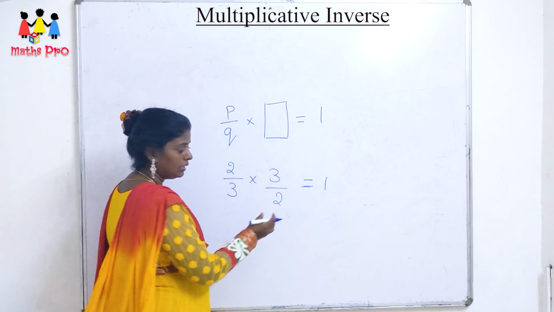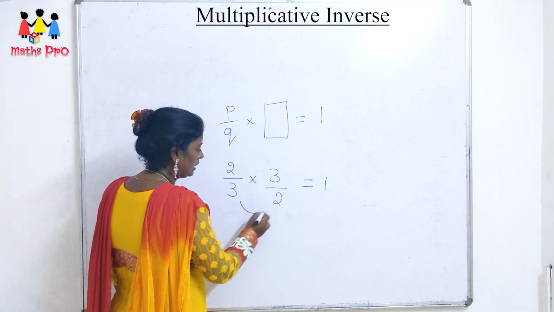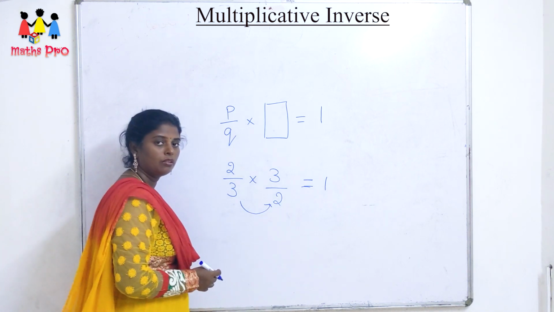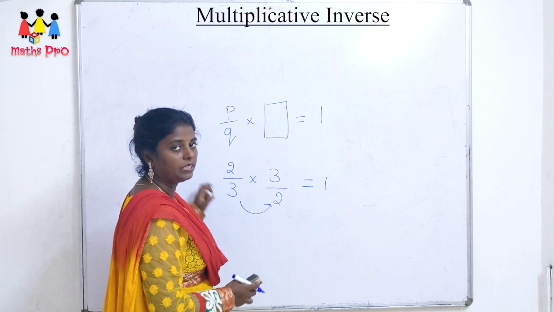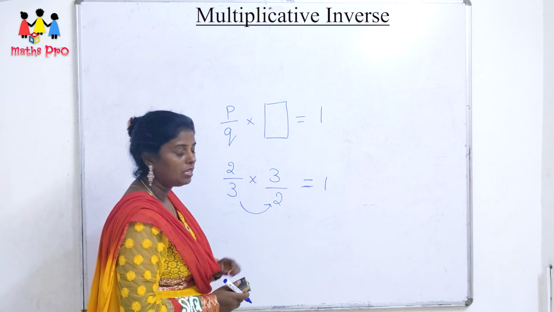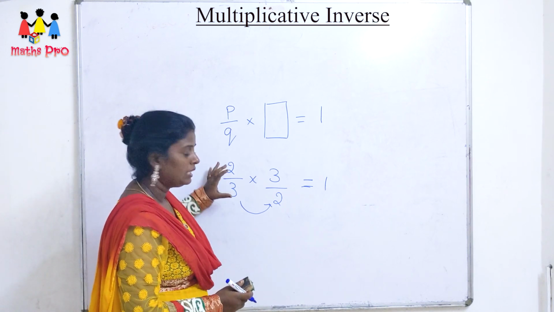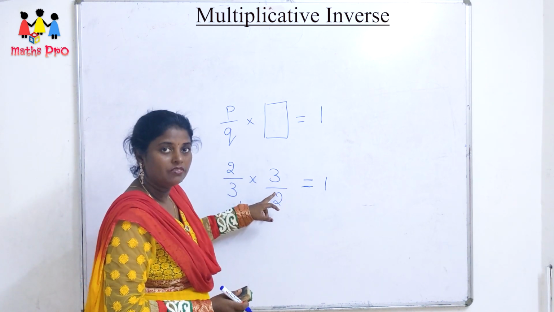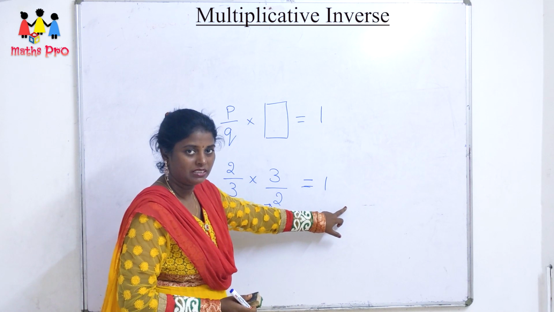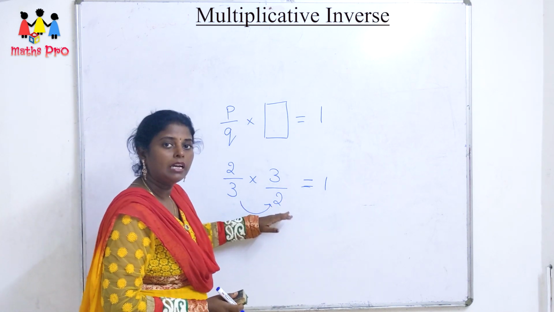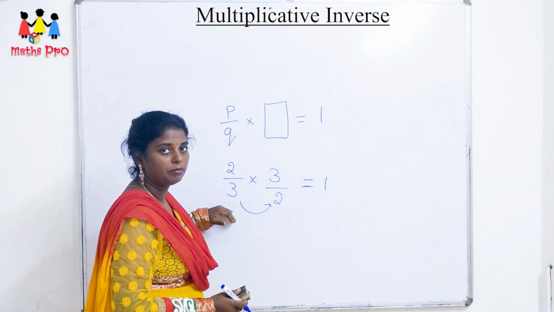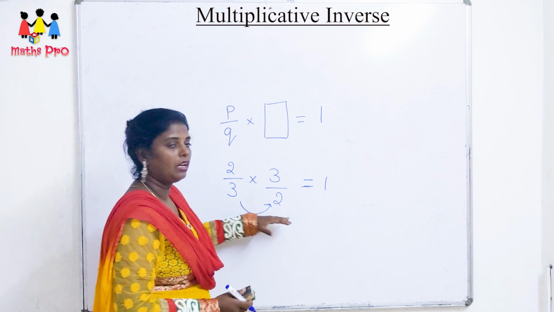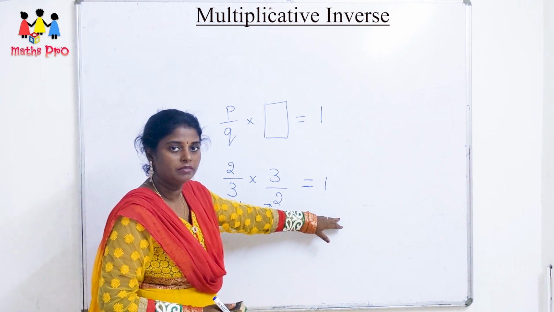That is, this number should be the reciprocal of 2 by 3. Only if I multiply this number with its reciprocal will I get the value 1. Whatever other number I multiply with the rational number, I won't get the value 1.